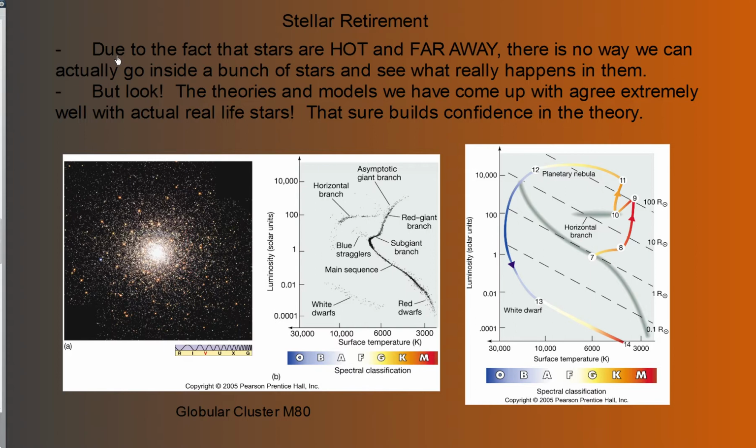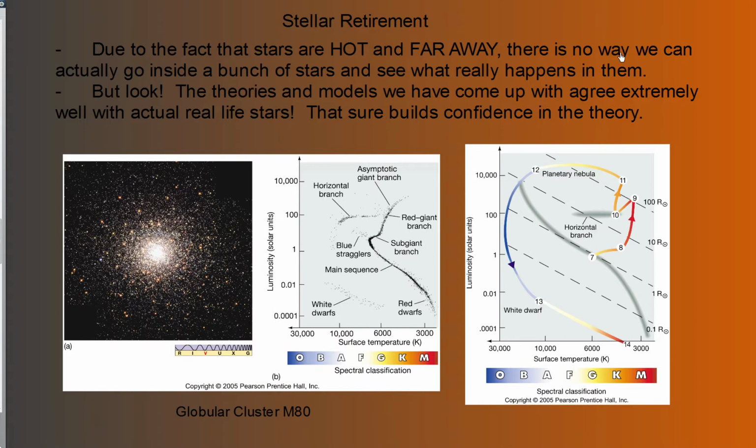So that's pretty much it for low mass stars. And the thing is, everything I just talked about is pretty much theory, because stars are hot, very hot, and far away.